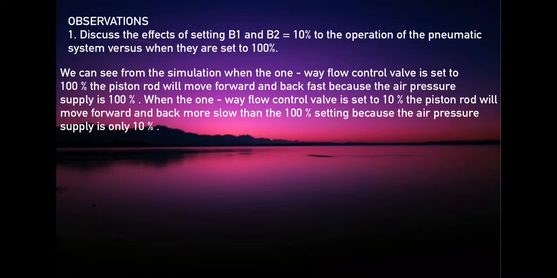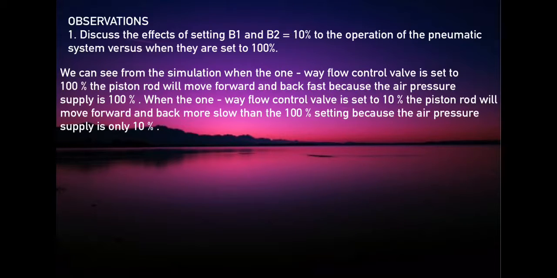Okay, for observation number 1 for lab activity 2, discuss the effect of setting B1 and B2 equal to 10% on the operation of the pneumatic system versus when they are set to 100%.